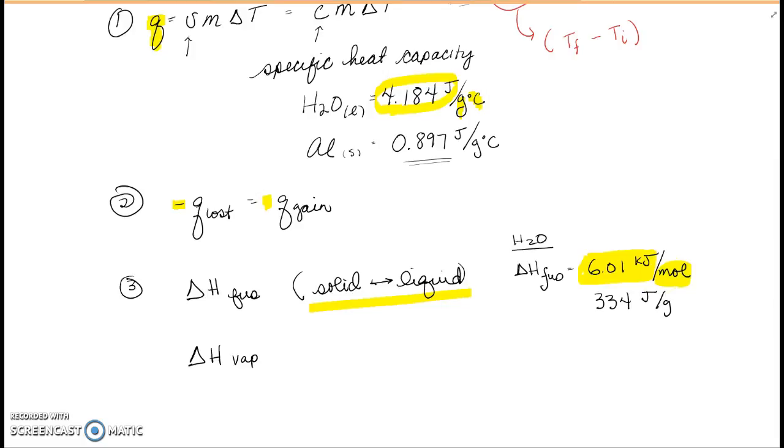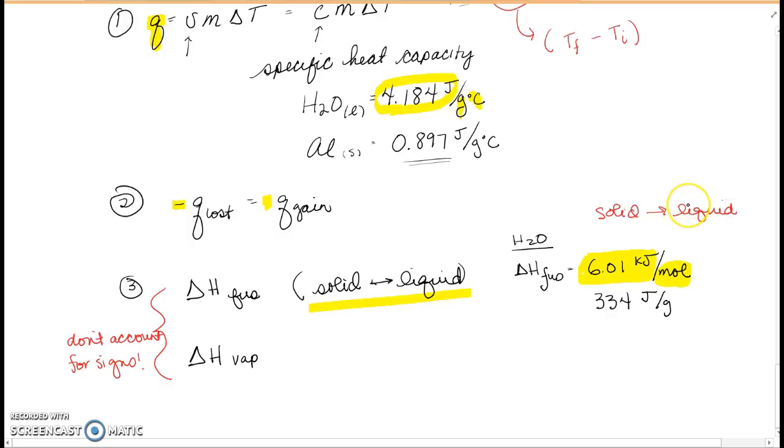The one thing we have to understand, though, is that these values, because you can look these up in a table, don't account for the signs, positive or negative. So if I'm going from solid to liquid, I have to put energy in, then my delta H of fusion is essentially positive 6.01 kilojoules per mole.